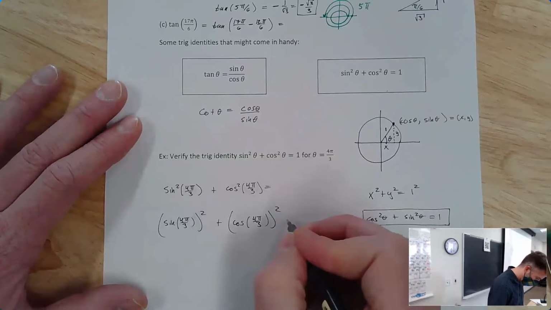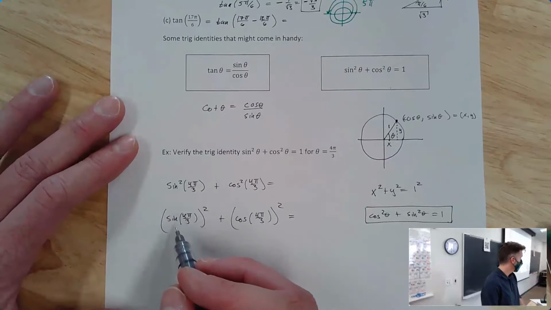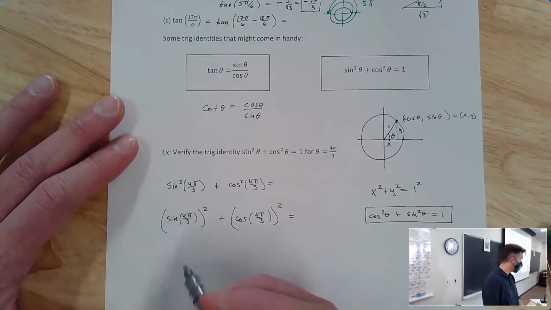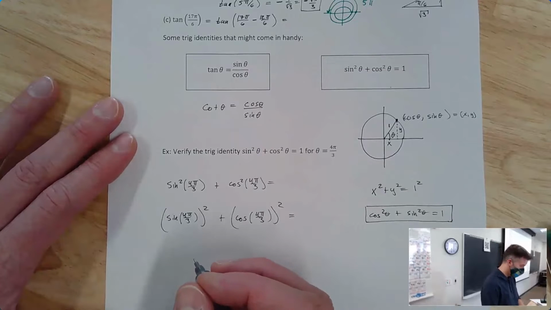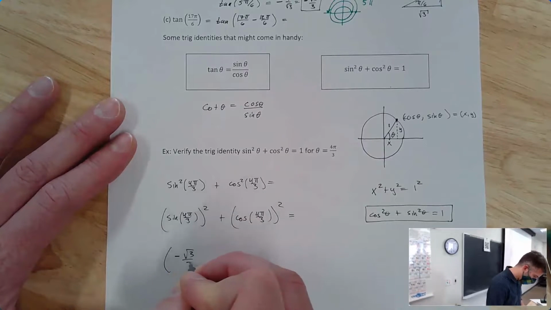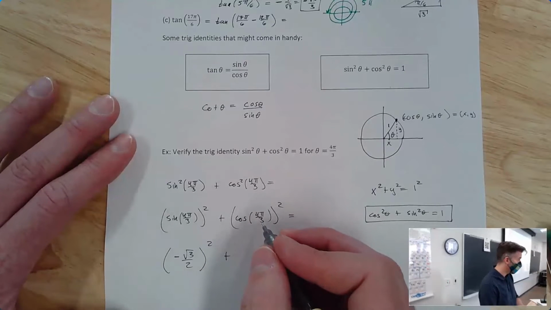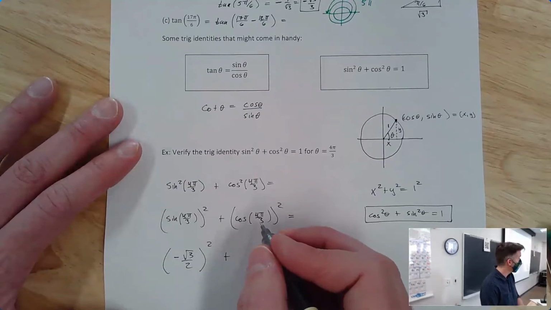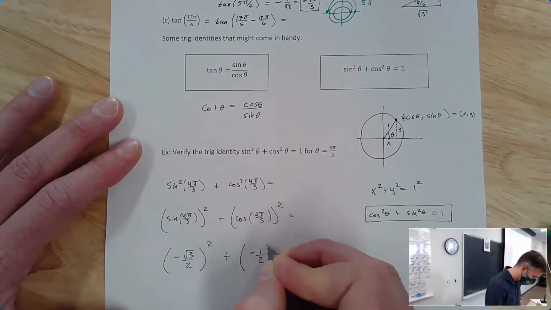And that's going to equal, well, sine of 4 pi over 3 is, let's see, 4 pi over 3 is in quadrant 3. Sine of pi over 3 is root 3 over 2, so sine of 4 pi over 3 is negative root 3 over 2. Cosine of 4 pi over 3, again we're in quadrant 3. Cosine of pi over 3 is 1/2, so cosine of 4 pi over 3 is negative 1/2.